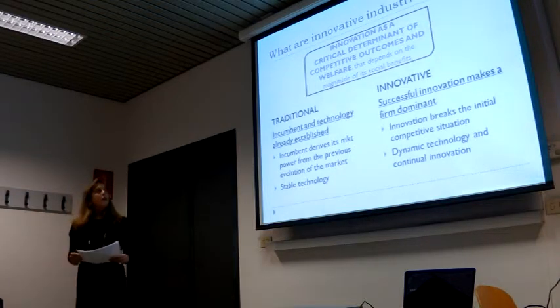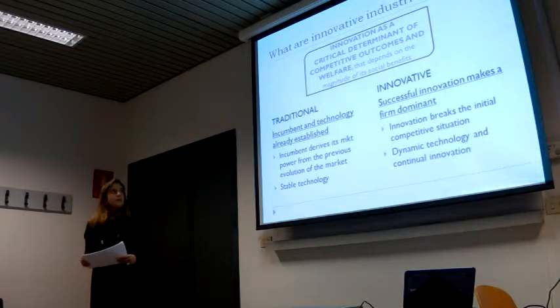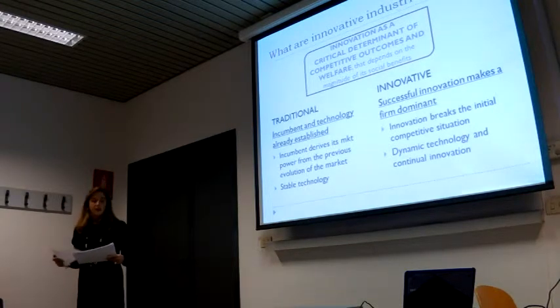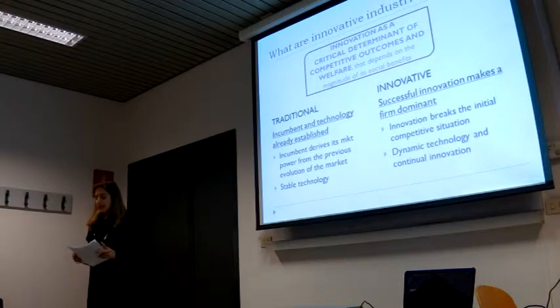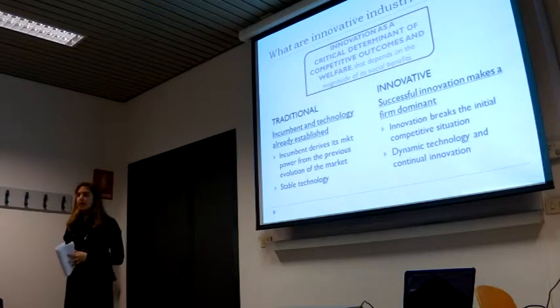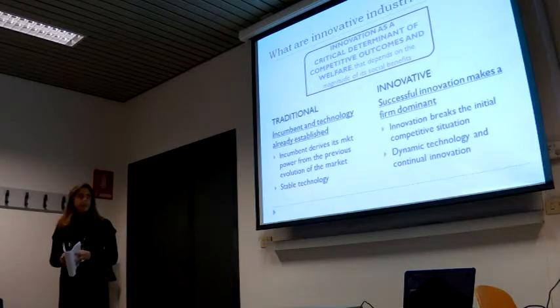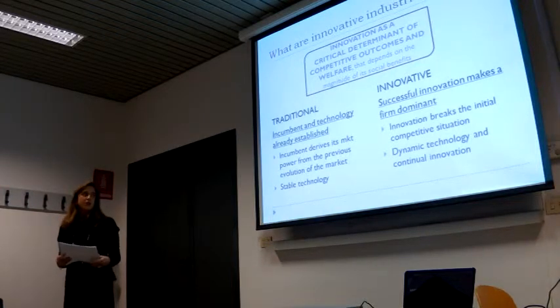But before going on to the model, it's important to understand what innovative industries are. More specifically, the authors focused on this kind of industry in which innovation is the key, and in which there is continuous change.